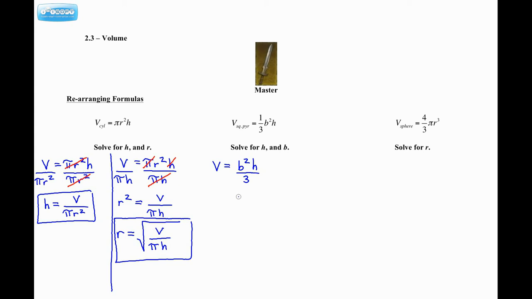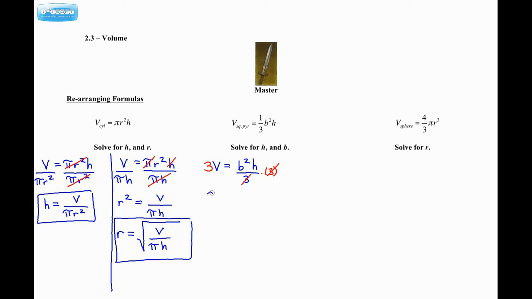So we want to isolate h first. Okay, well, I need to get rid of this 3, so I'm going to multiply both sides by 3. Be careful not to put this 3 on the bottom. You can either put it in the middle or on top here. And then I'm going to multiply that by 3. That's just 3v. And now these cancel away. 3 divided by 3 is 1.